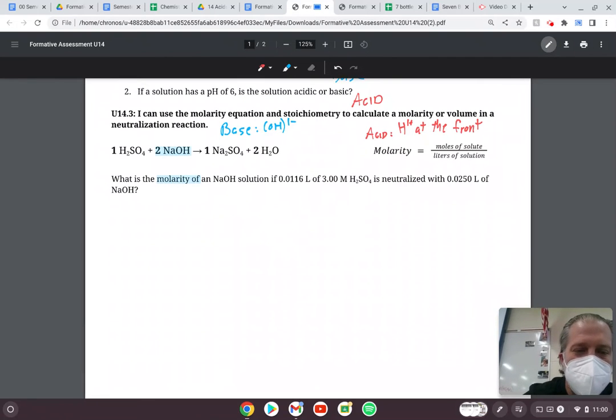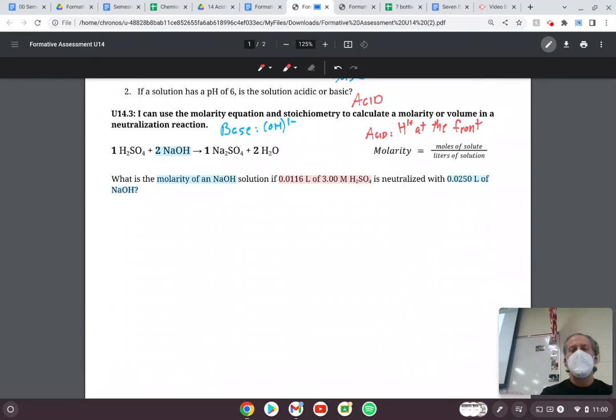And we're asked to calculate the molarity of NaOH if the volume of NaOH is 0.0250 liters. Knowing about acids and bases also tells me that I have some information about the acid H2SO4, which happens to be sulfuric acid. So those are our parts.